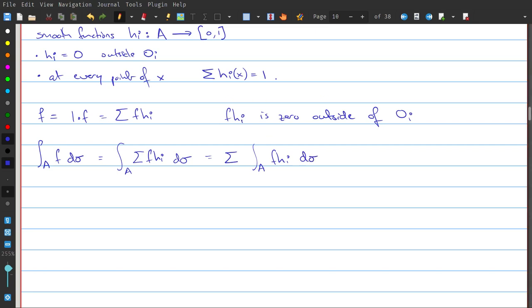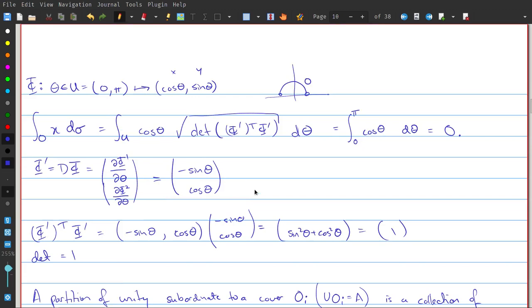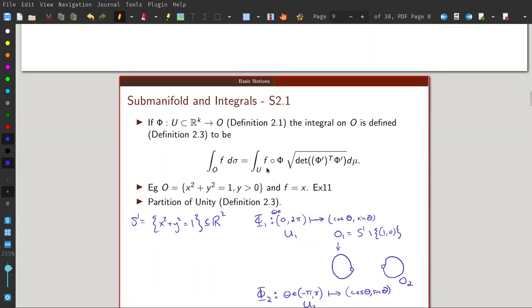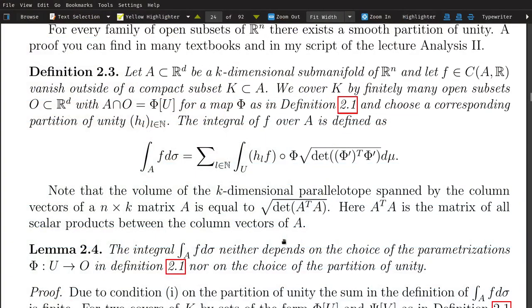But because f h_i is 0 outside of O_i, instead of taking the integral over A, we can just take the integral over O_i. And now this reduces to the definition I gave above, where we just have a set that's covered by a single parameterization. Each of these O_i is a parameterized set, and so it reduces to this definition here, applied to f h_i. And when you apply that, that's exactly how you get this definition in 2.3.